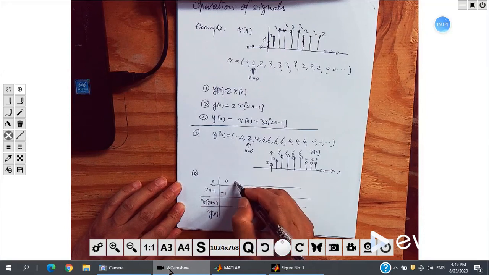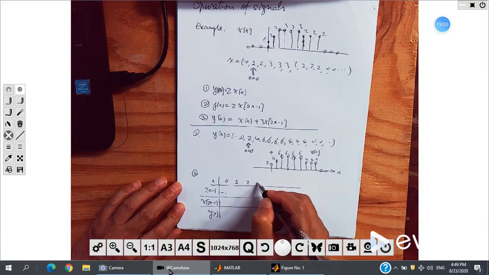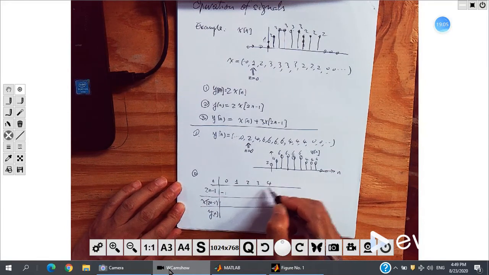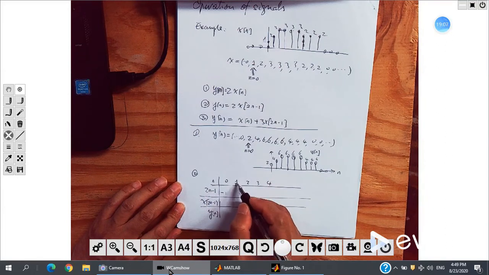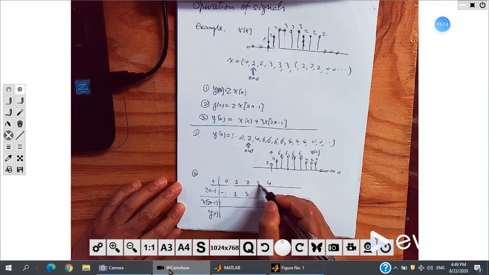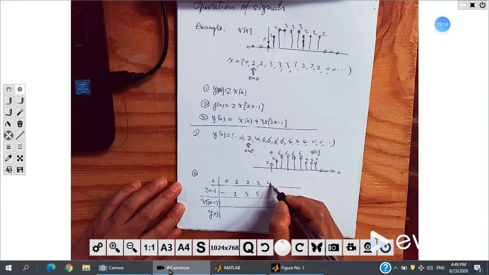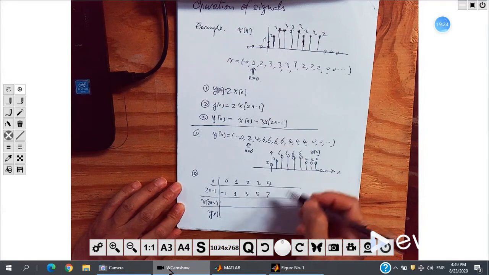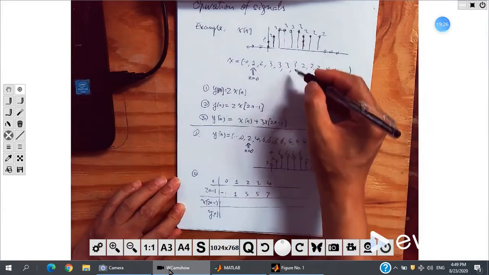So n is 1, 2, 3, 4. So here will be 2n minus 1. So 2 minus 1. 2 times 2 minus 1 is 4 minus 1. 2 times 3 minus 1, so 6 minus 1 is 5. 2 times 4 minus 1, so 8 minus 1 is 7.